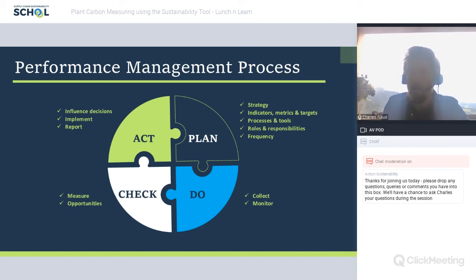Which leads us on to the final phase, which is acting, and that's really trying to, from the information that you've collected, make a change. So you want to use the results to influence decisions within your organization that will help to improve performance. You then want to implement some of the decisions that are taken to deliver new benefits and to try and do better than you have done.